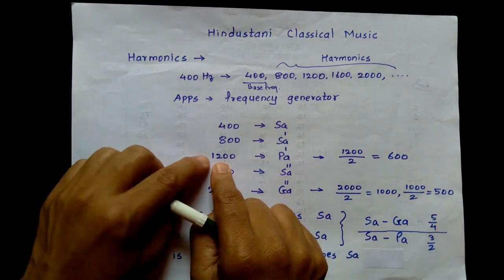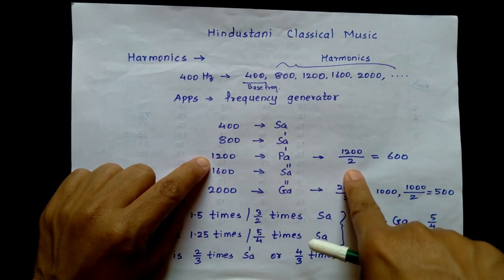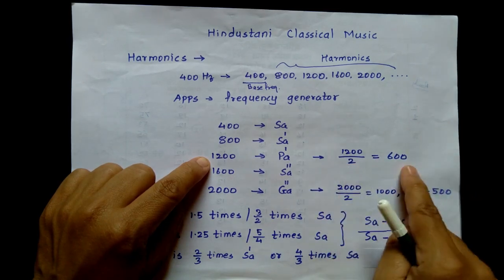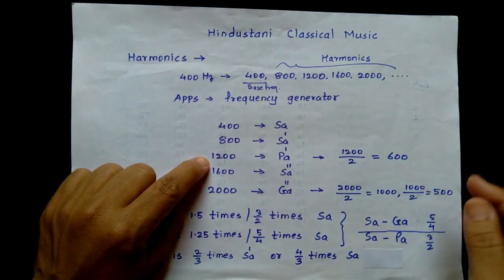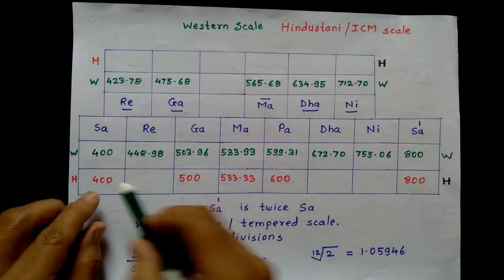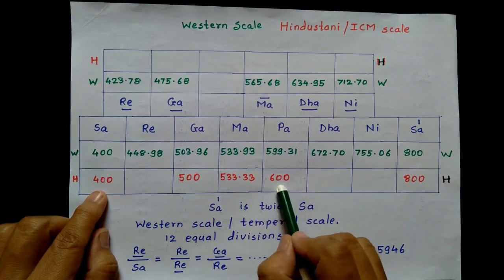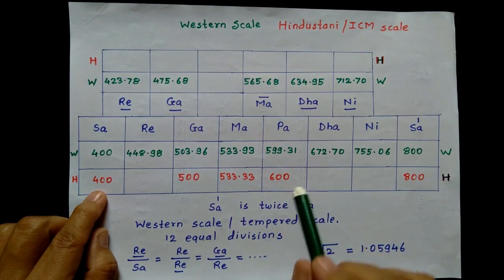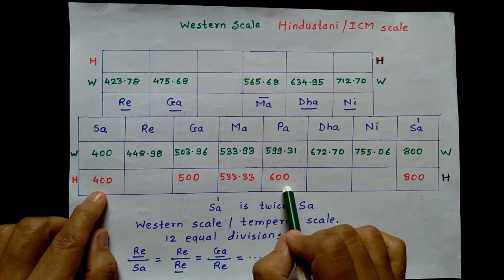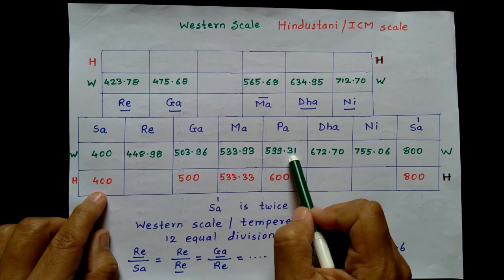Now this Pa is in the upper octave. So by dividing it by 2, 600 is the middle octave Pancham. So you will see, Sa is 400 in Indian classical music, then at exactly 600 hertz lies our Pancham, whereas in the Western scale it is at 599.31.